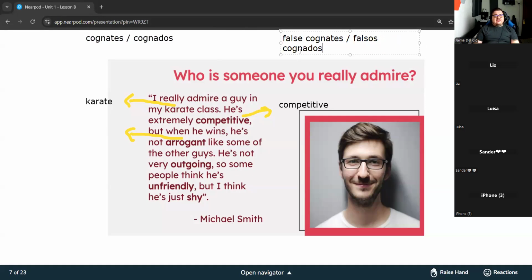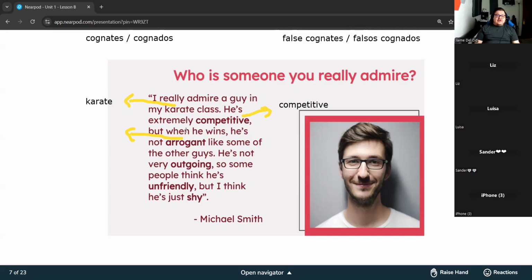Los cognates son aquellas palabras que tienen un sonido similar, una escritura similar y y un significado similar entre los idiomas. Como por ejemplo, tenemos la palabra competitive y en español tenemos una palabra que es casi idéntica, que es competitivo. Es decir, esta palabra no necesita un diccionario para averiguarla, ¿verdad? O sea, no tuve que hacer mucho para saberlo. Eso es un cognado. Es entre los idiomas, hay muchos de esos, especialmente entre en inglés y en español.